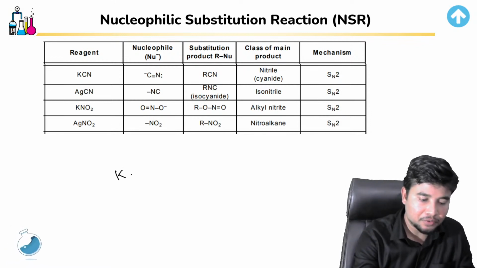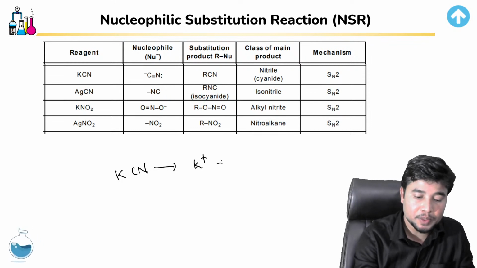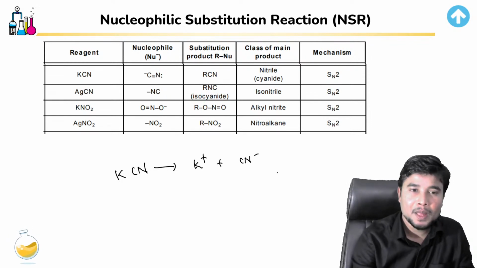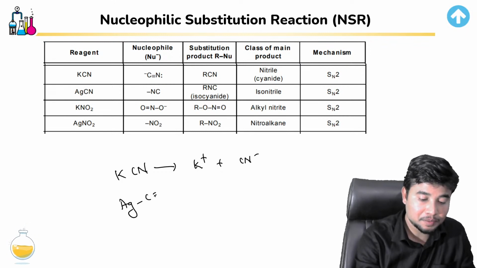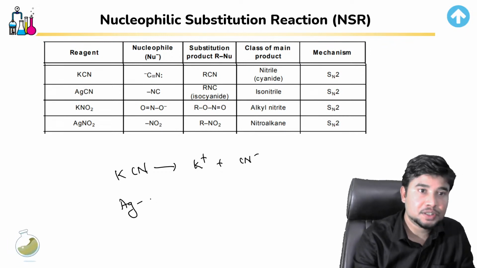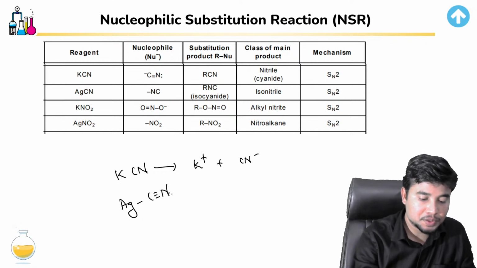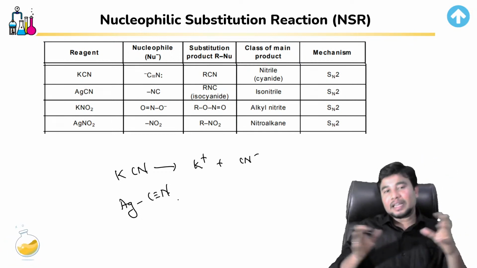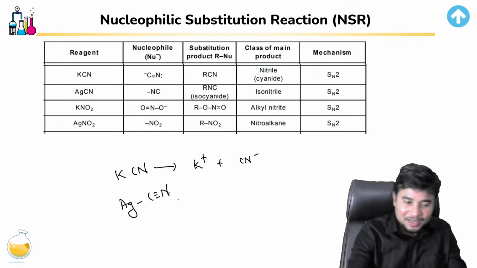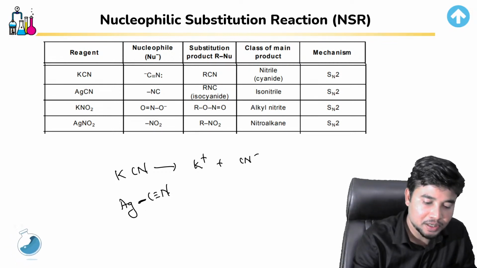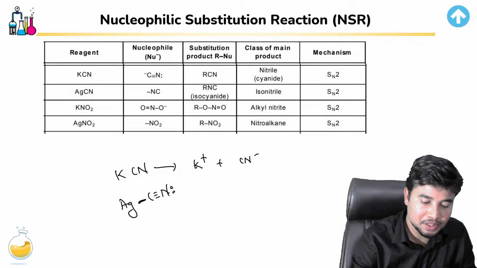Let's say if you have KCN, you might know KCN splits into K plus and CN minus. Now in this case, if you see AgCN, just observe that KCN is ionic, but AgCN is covalent. Now because in AgCN the carbon is bonded, the free atom is nitrogen.